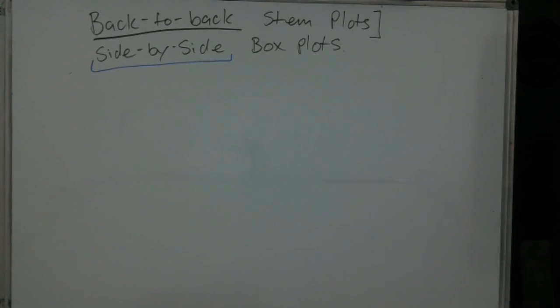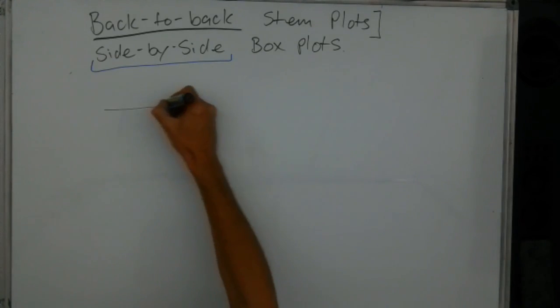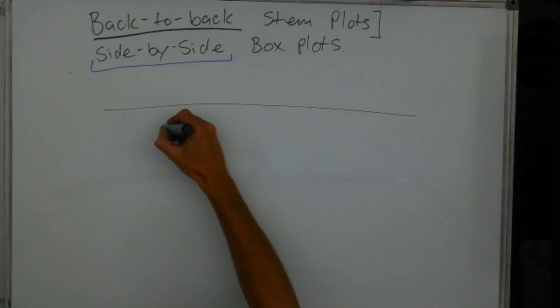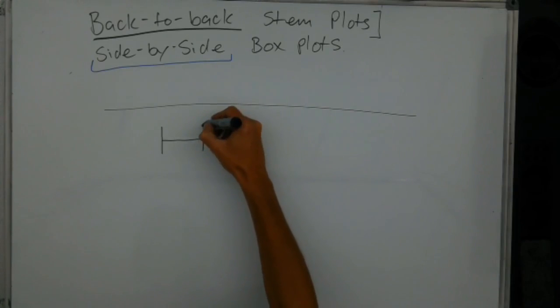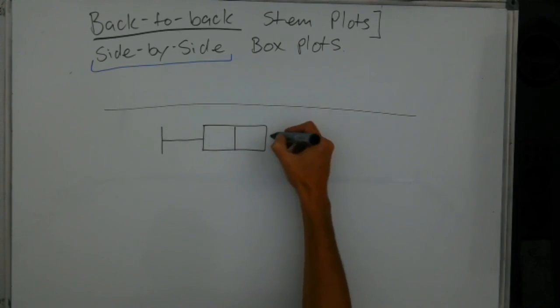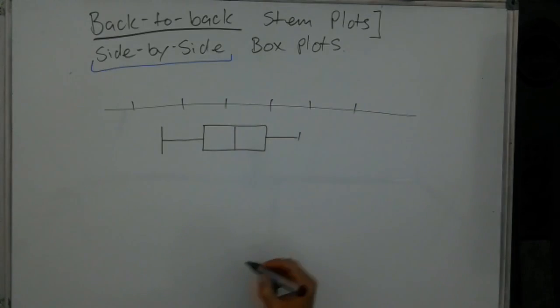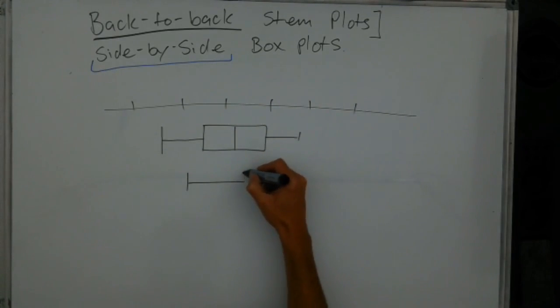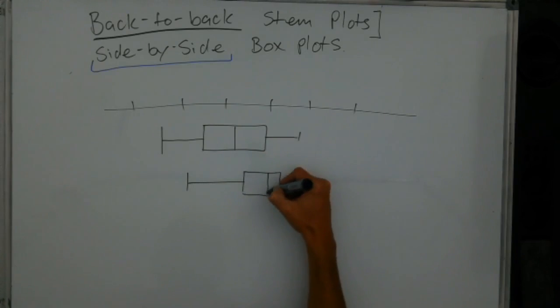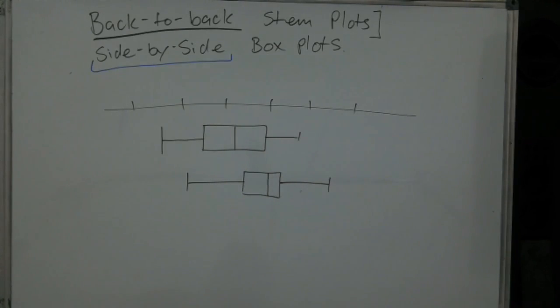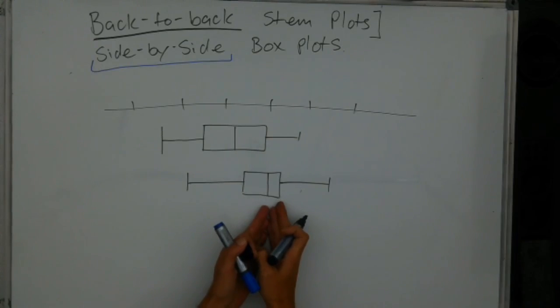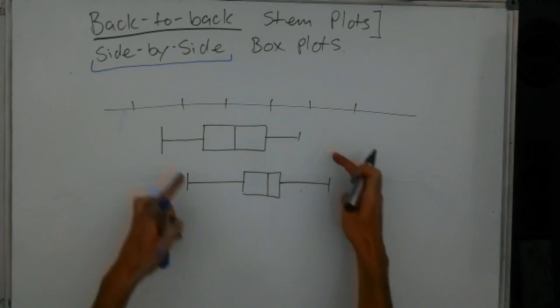So essentially what we would have is our scale. We'd have one group in a box plot like this. So this is our scaled thing, and the second box plot might look like this.